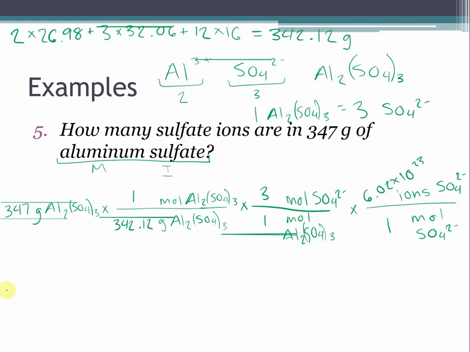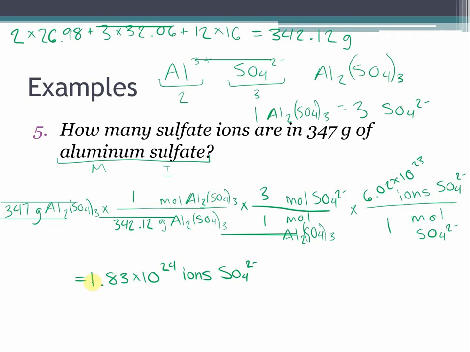So then it's time to just plug it into the calculator very, very carefully. 347 divided by 342.12 times 3 times 6.02 times 10 to the 23rd. If you can plug that all in without making any mistakes, you should get 1.83 times 10 to the 24th ions of sulfate.